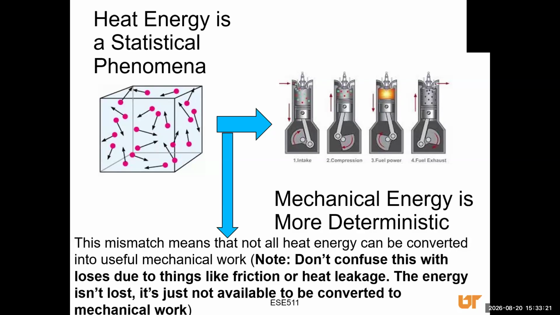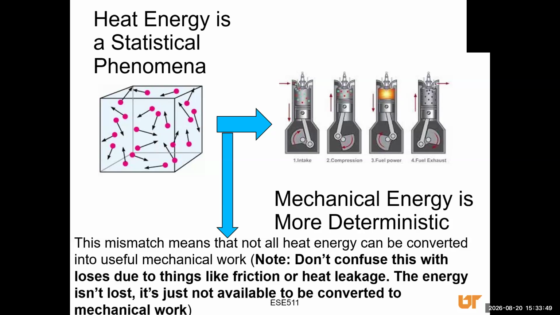Mechanical work, like moving a piston in a direction, is very deterministic. It's moving in one direction. It's not moving in all directions at once and then banging into something and changing directions. And this mismatch means that not all heat energy can be converted into useful mechanical work.